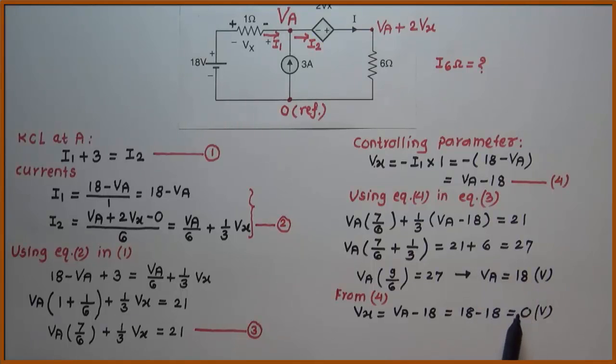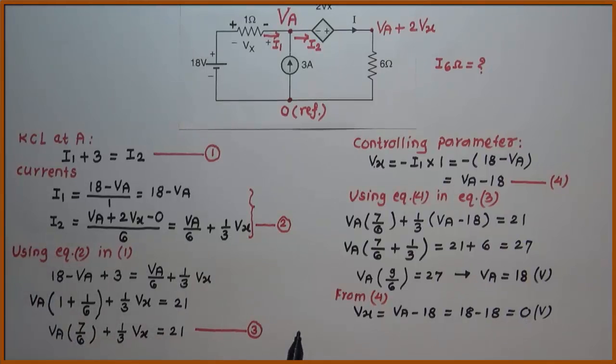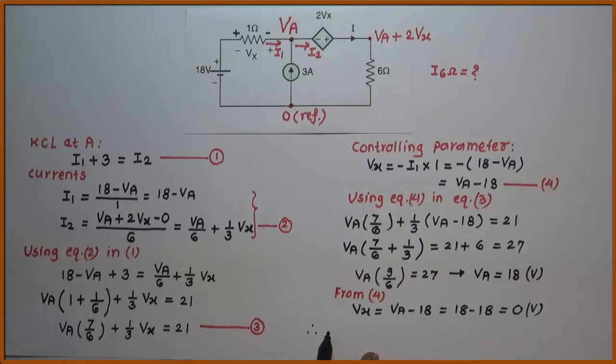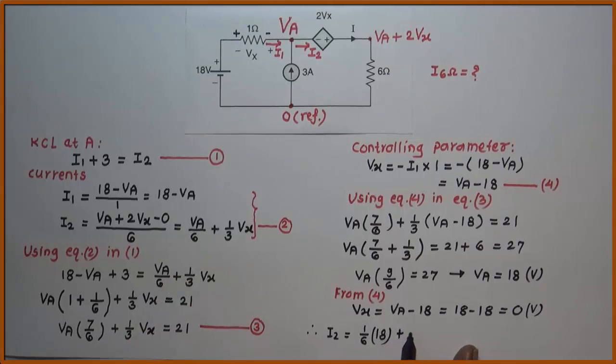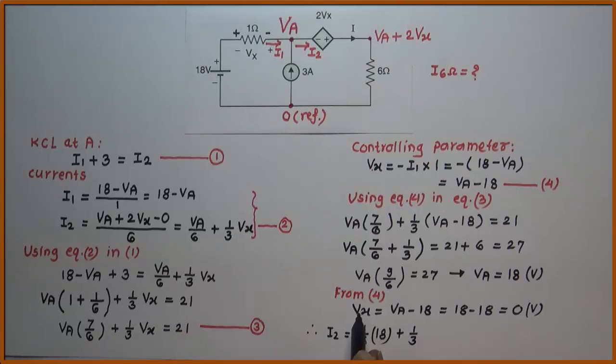If I substitute the value of Va and Vx in equation 2, I get I2. Therefore, I2 is equal to 1 by 6 into Va, which is 18, plus 1 by 3 into Vx, which is 0.